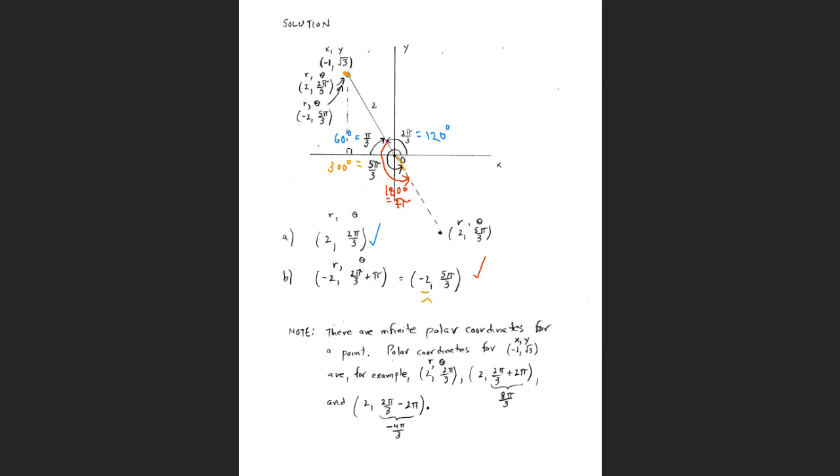So it's like you look in the direction of 300 degrees, but you move backwards 2 units, and that'll get you to (-1, √3). So they have 2 polar coordinates here for A and B, and there's an infinite number of polar coordinates.